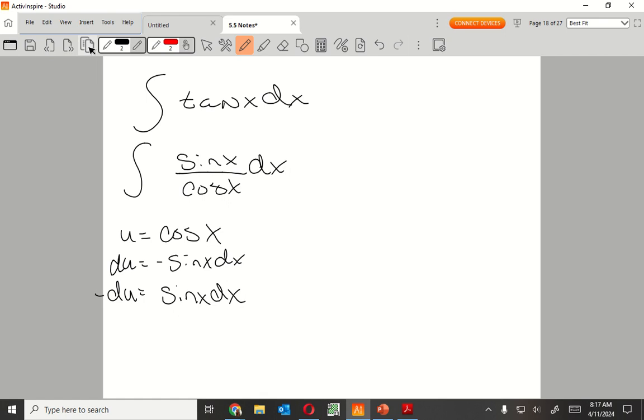All right, let's put it back in now. If I get rid of the cosine, I'm also getting rid of the sine. So that's going to give me the integral of negative 1 over u du.